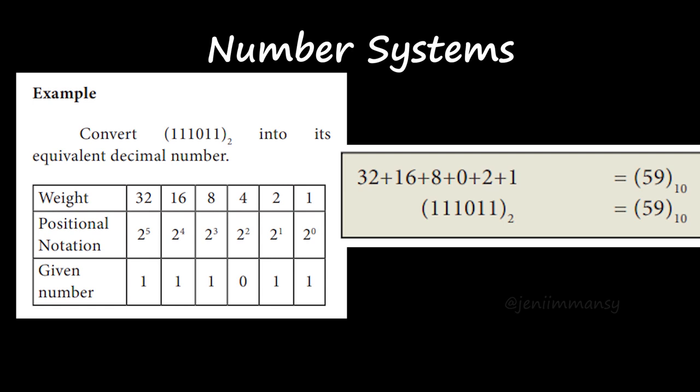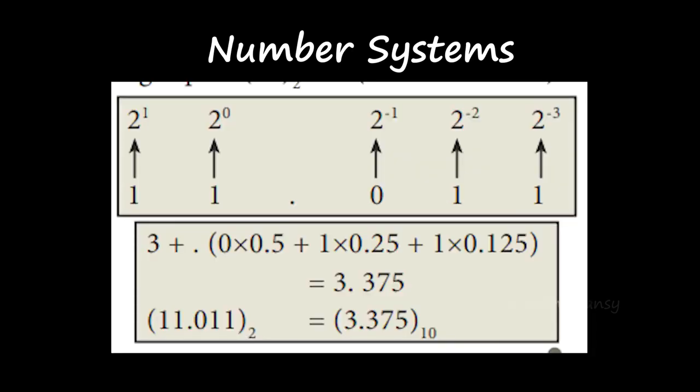Okay, and the next one is conversion of fractional binary to decimal equivalent. Fractional binary to decimal means, as we saw in the previous fractional decimal, here also you will be having 3 steps. First you will convert the integral part of the binary to the decimal value using the positional notation, as we saw in the method just now, right? So in the same method you will be converting it, and then to convert the fractional part of the binary, you will have to write down the binary digits in the fractional part.